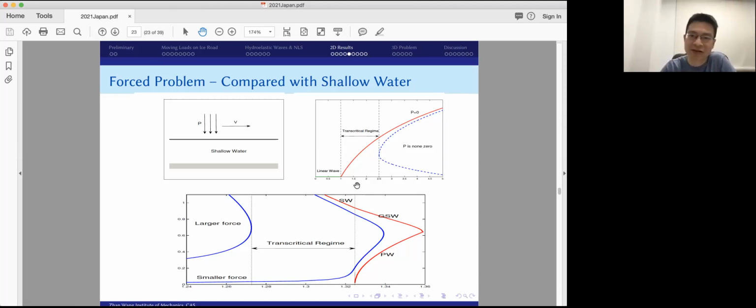So the question is, if you add a boat to the system and move it with a speed in the transcritical regime, what's going to happen? You will never see a steady state because all the steady solutions are on the right, and you don't have the linear mechanism to radiate waves away from the forcing, because all the linear solutions are in the supercritical regime. All the solutions in the transcritical regime are solitary waves.